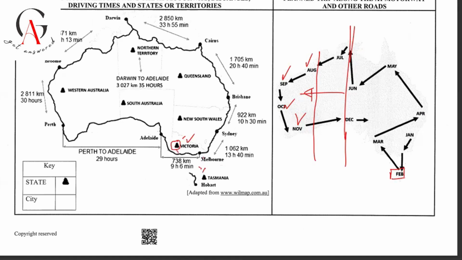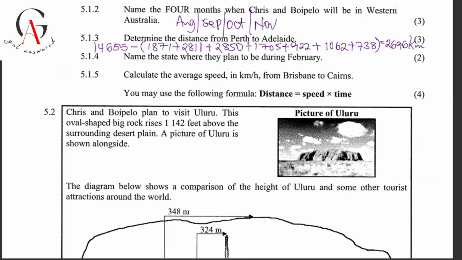The state of Victoria, or Tasmania, because there are two states that are here. This is not that clear, but you see, it forms a triangle here. All right. We can say Victoria or someone who talks of Tasmania.